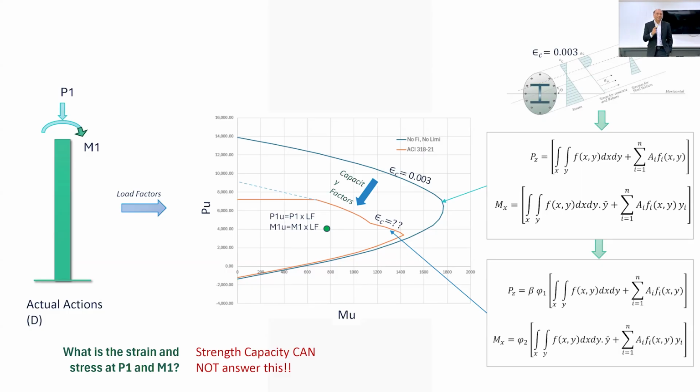So the strain capacity cannot answer the question of what the strain is at the load P1 and M1, and that is the starting point of many questions. For evaluation of a structure, the strength equation does not give us any information because it's based on an arbitrary orange line and arbitrary loading pre-multiplied by load factors. So for real load, real stress and strain information cannot be determined from this.